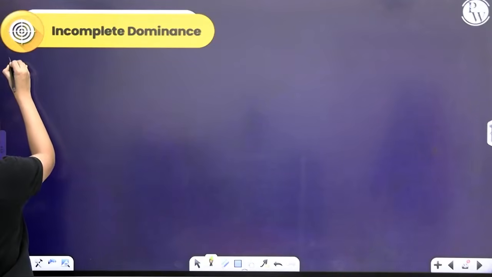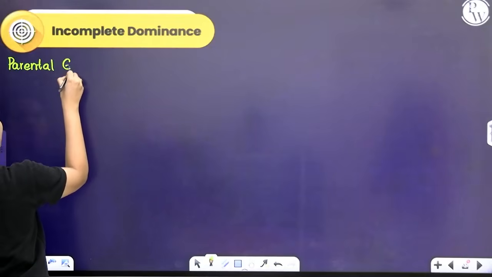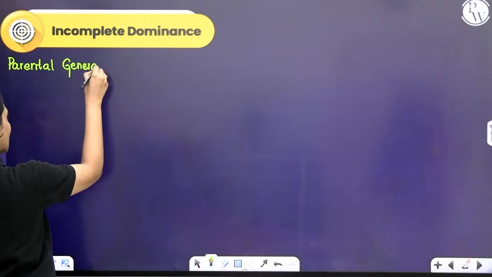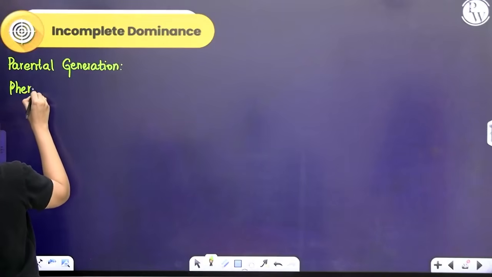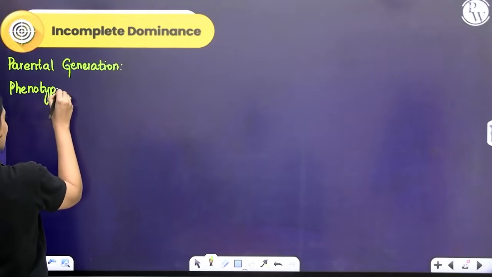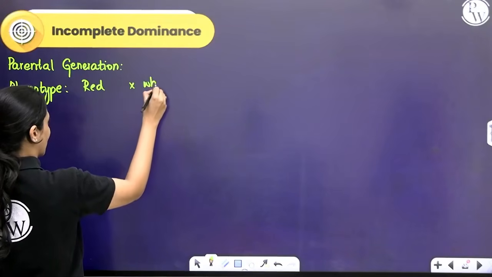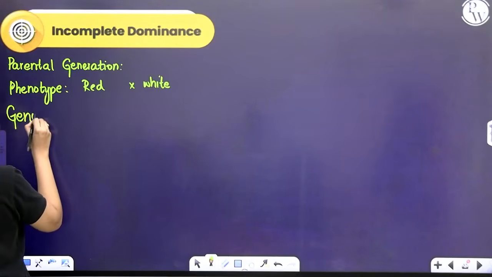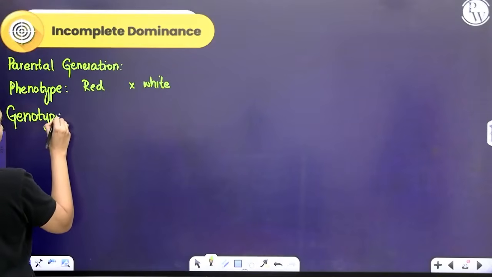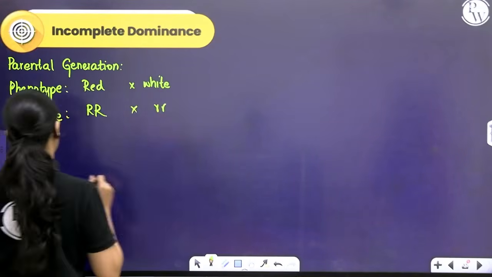Okay, so first we have the parental generation. In the parental generation, what was the phenotype? One parent produced red flowers, the other parent produced white flowers. What could be the genotype? Capital R crossed with lowercase r.